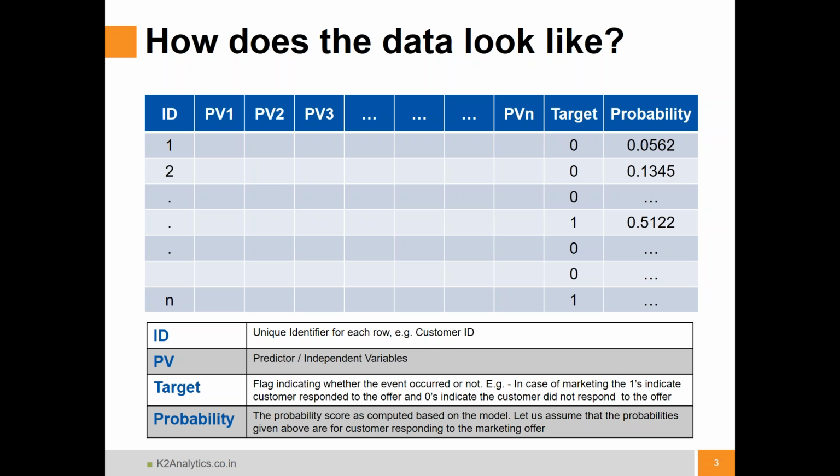Once you have this, using those predictor variables which came in the model, you are scoring the data and then computing probability. So if my model is good, I would have given a lower probability to customers who are 0 and a relatively higher probability to customers who are 1.